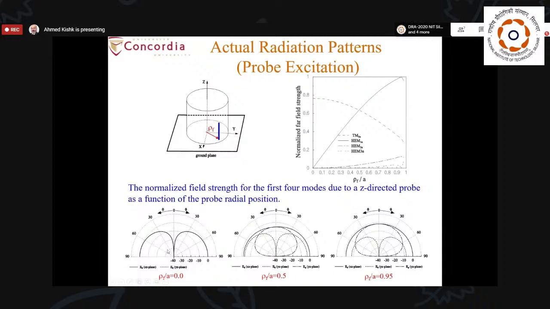So the monopole type of radiation here is acting as a cross polarization. But when I move further from the center, closer to the edge, I find that I have better performance for the radiation pattern, closer to the radiation pattern of this mode, but still I have cross polarization contribution due to the presence of the dipole.